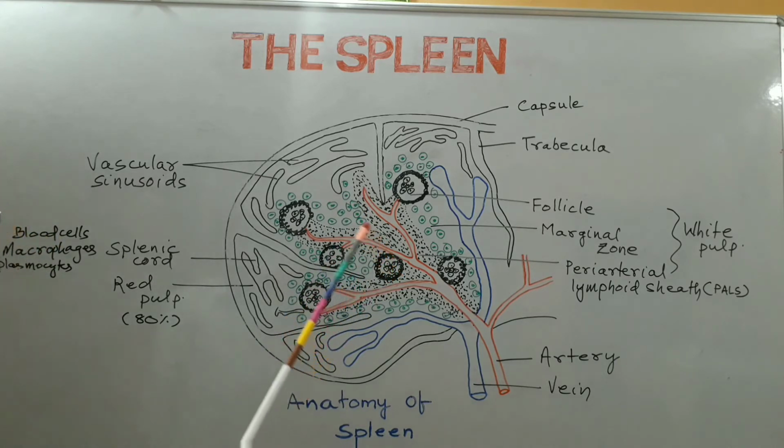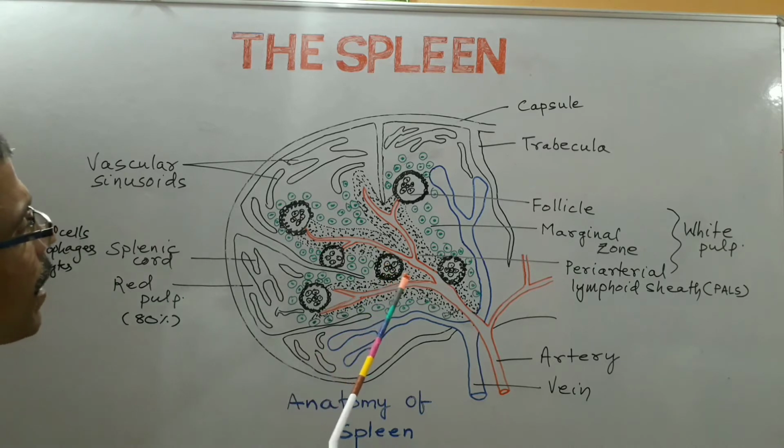Next, like other organs, the spleen also consists of stroma and parenchyma. The stroma consists of a network of reticular connective tissue that provides support for blood cells and also for cells of the immune system like lymphocytes, macrophages and dendritic cells.